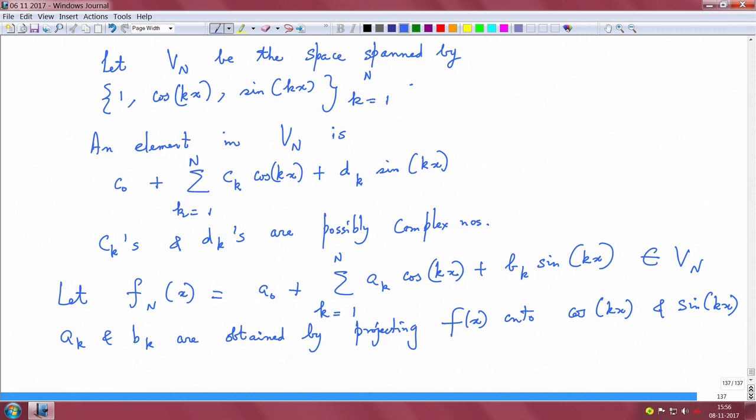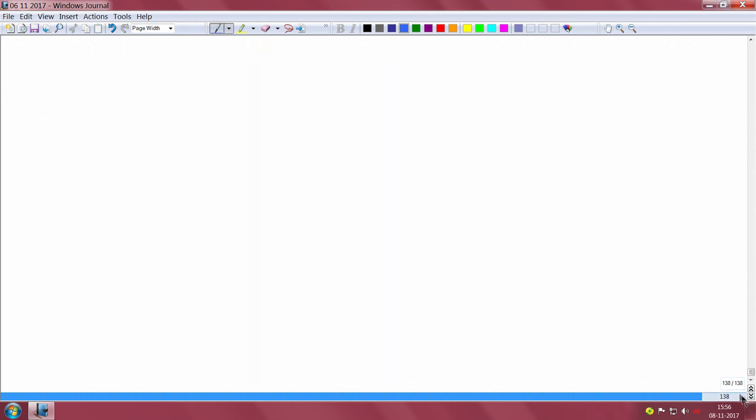So, I think what we have to do is recall a lemma that we did in module 1, that is the basics of signal geometry, right. I just state this result as a lemma.